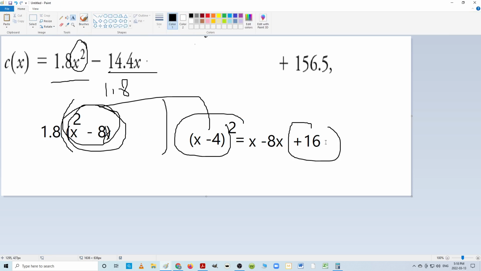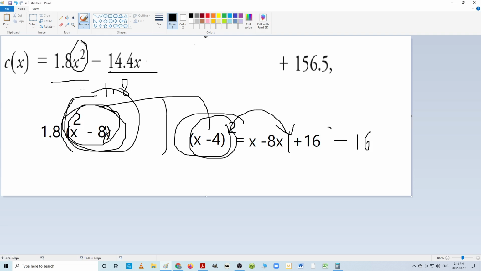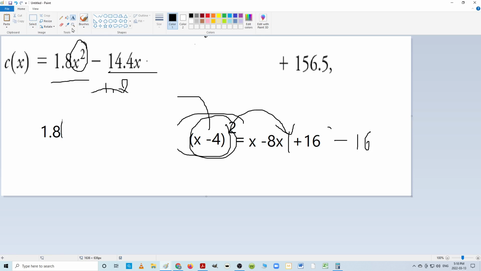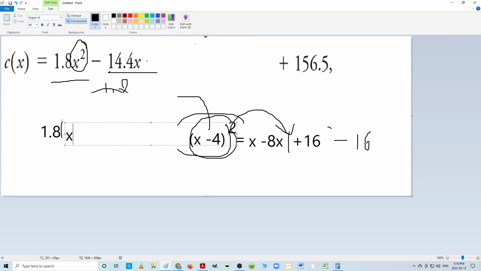In other words, if I rewrite this here as, okay, this is what I want to replace. This is a suitable replacement, but if it spits out this, I want to get rid of that 16. So now I can replace all of this right here with a bracket x minus 4 squared minus 16, but it's got to be in its own unique bracket as well.